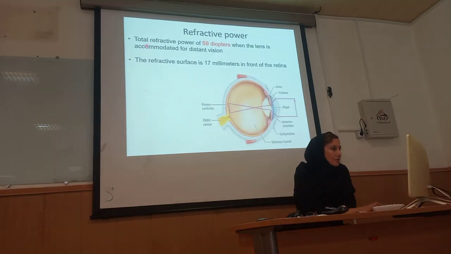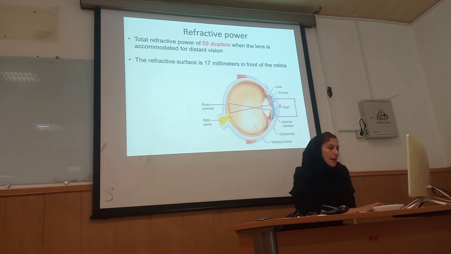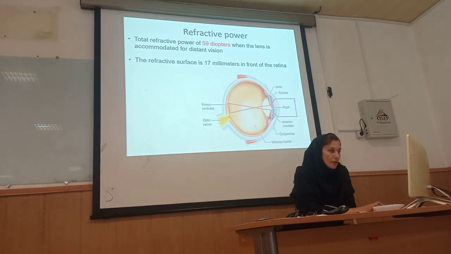Sit down. I said to you there is a total refractive power when our lens is accommodated for a distant object, something that far above us. As you can see here, light rays in the external world, when they reach the cornea, bend. And after that, they pass through the aqueous humor, pass through the pupil and reach the lens.